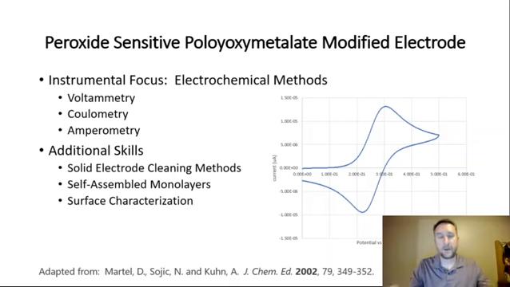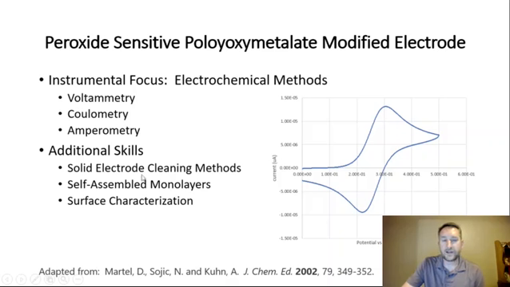I love this experiment. It's one that I've done with students for quite a number of years. It's exciting because we can cover a number of the topics within electrochemical methods and wrap in the surface characterization component that we really want to expose students to as well.